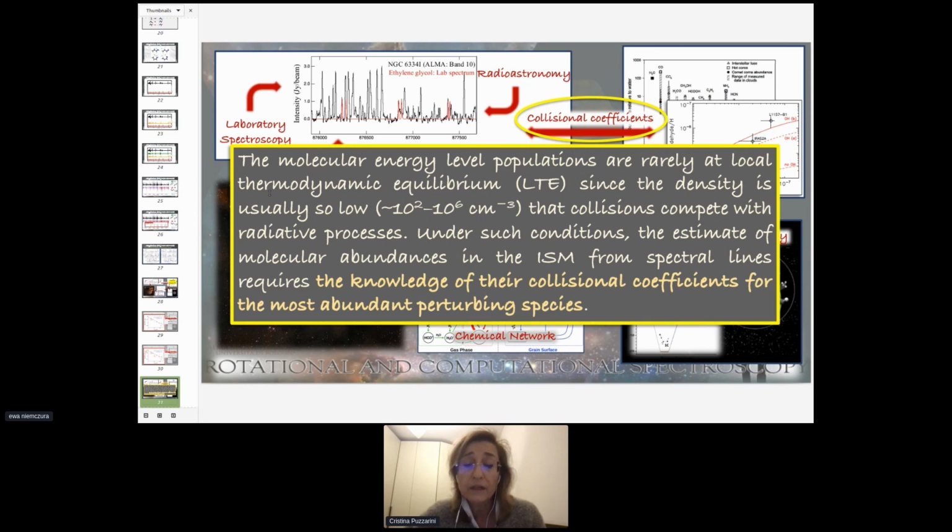This means the collisions can compete with the radiative processes, and in such a condition, you need to know the collision coefficients for deriving with a better accuracy the column density.